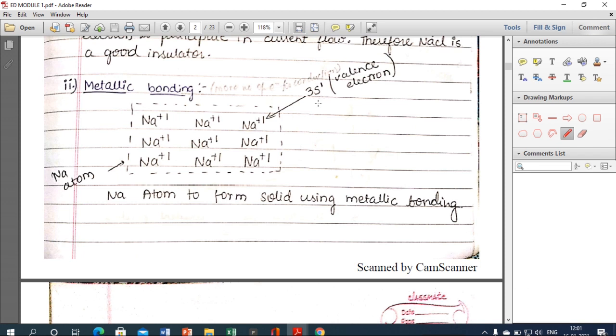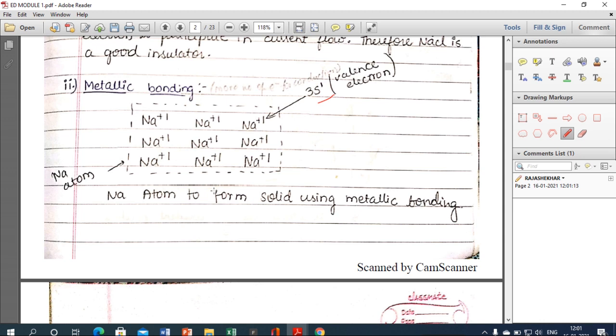This is the one free electron which appears in the valency shell, and before applying any external voltage, it is already available in the metal. As soon as we apply the external force, the voltage or the battery, the electron will start moving from one place to another, and this will cause the flow of current.